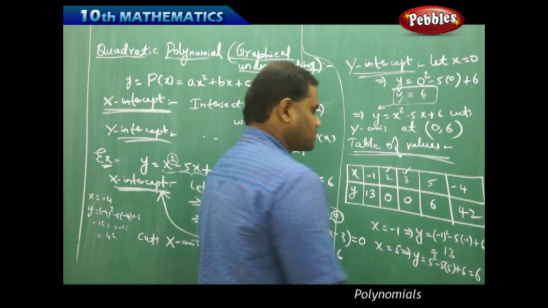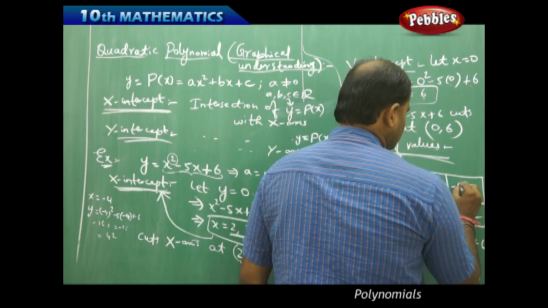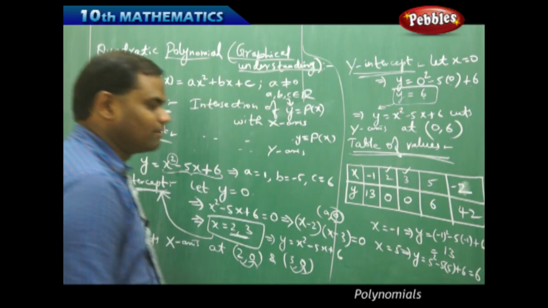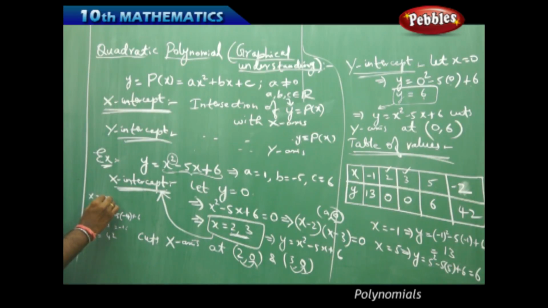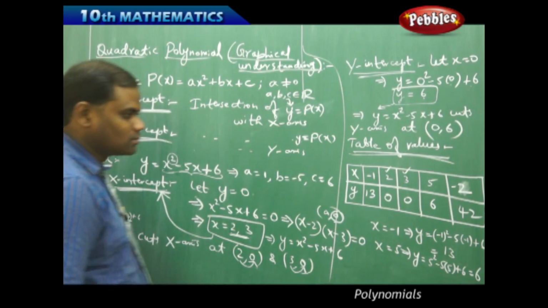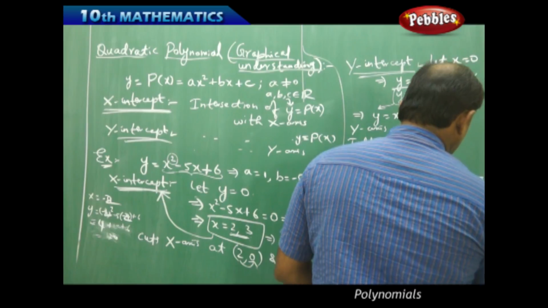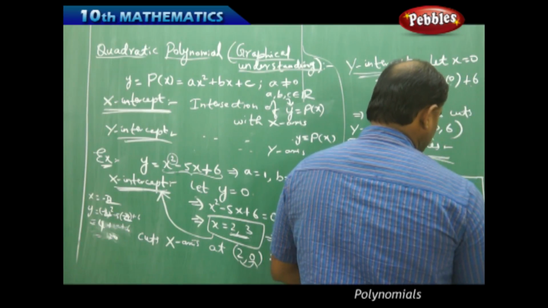So let me not take such a big value, but try -2 so that I get a lesser value. When I take x equal to -2, this would be (-2) squared minus 5 times -2 plus 6, which on simplification gives 4 plus 10 plus 6, which is 20.